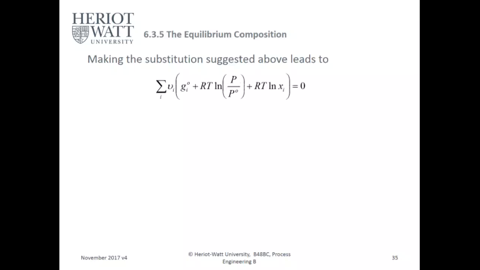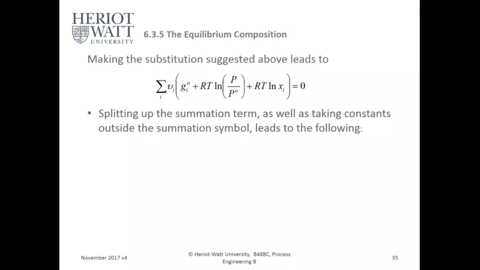Making the substitutions above, the sum of VI times the chemical potential gives the above equation. Splitting up the summation terms, as well as taking constants out of the summation symbol, leads to the sum of VI GI plus RT VI log of P over P0 plus RT VI log of Xi equals 0.